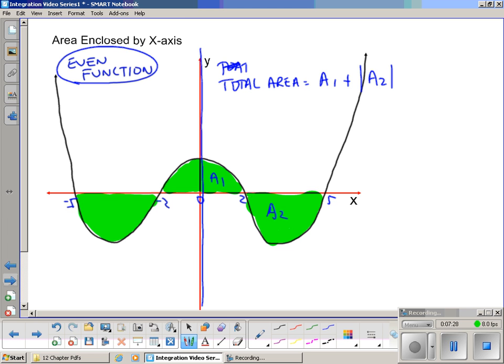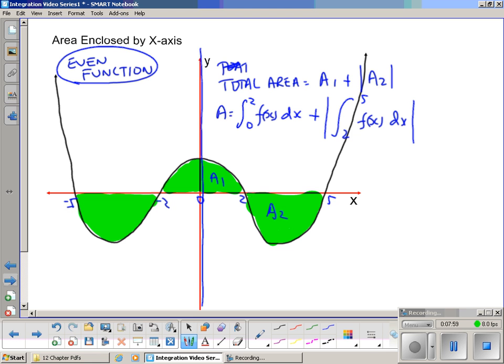So to be more precise, our area under the curve will be the integral of this particular function between 2 and 0, and because that's above the curve, we can just take the straight out result of that, plus the absolute value of the integral between 5 and 2 of the function, because that section would have given us a minus result.